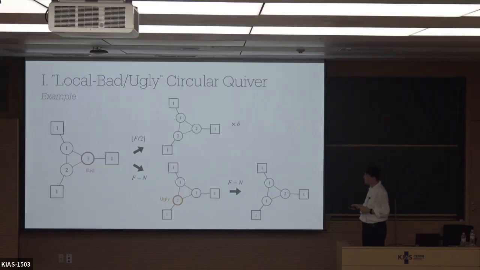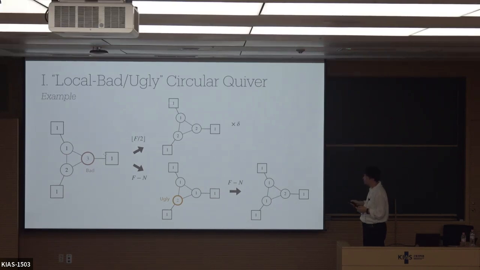So let me show you an example. If I consider this theory, this is a circular quiver, and you can check that those two nodes are good, but this one is bad. Then it means this bad theory flows to two different phases. One is governed by the rank of this, and the other is governed by the rank of this.